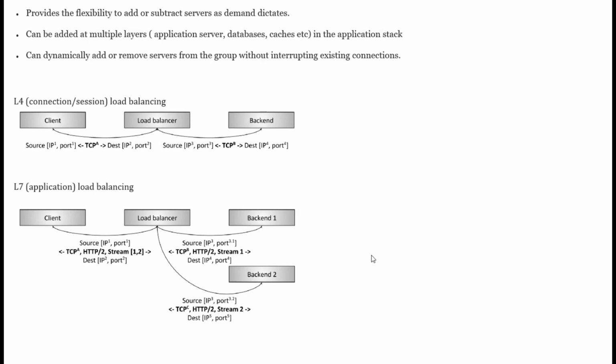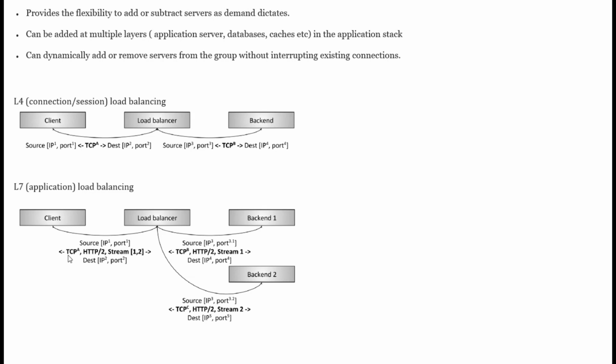Next step is that load balancing happens at two levels. In the OSI model, we can do the load balancing at level 4 and level 7. In level 4, load balancing happens on the basis of your IP and the port, and at level 7, which is the application layer, load balancing happens on the basis of the request header and the attributes which are coming in the request header.